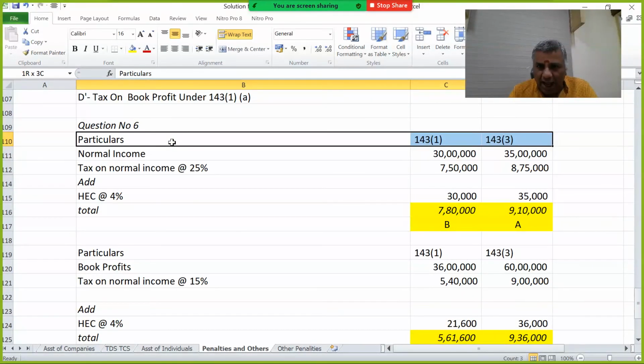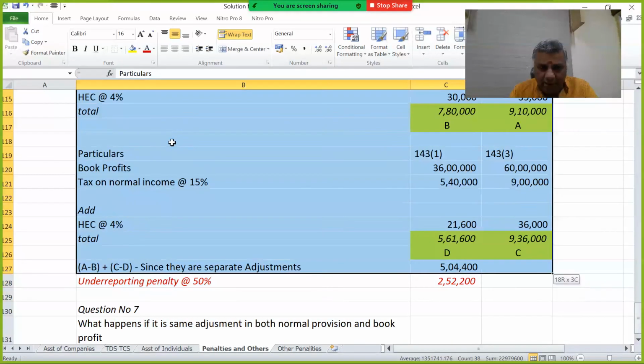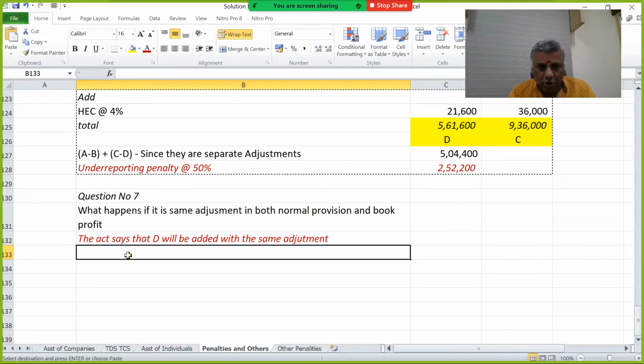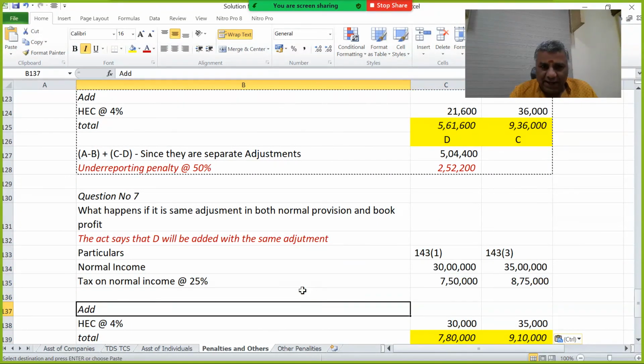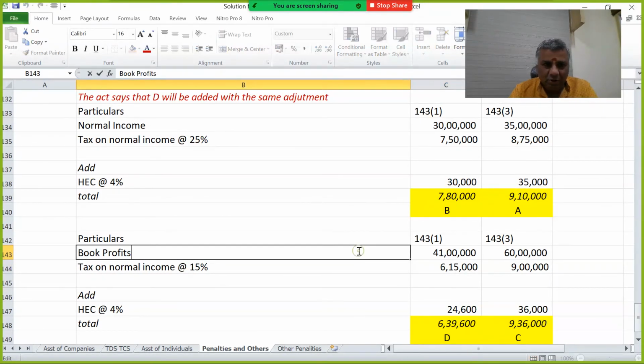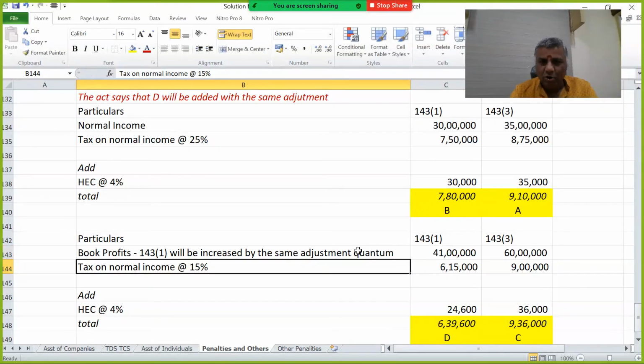If the same adjustment of 5 lakhs is made, here it is 36 lakhs plus 5 lakhs, and 143(1) will be increased by the same adjustment quantum, 5 lakhs.